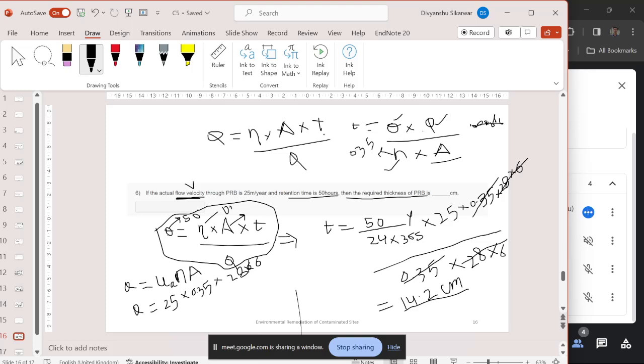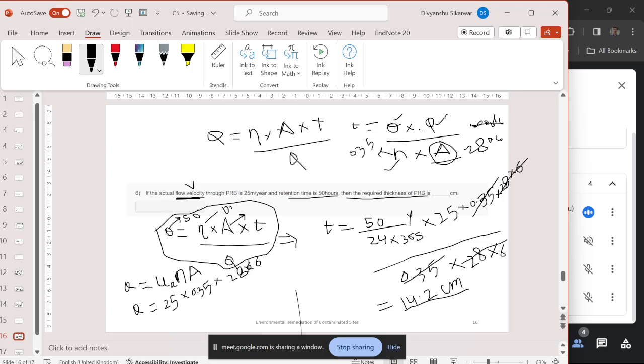If we calculate, the whole value we don't require; most of it will get cancelled out. First we need to calculate the cross-section area, which will be 28 into 6. Velocity we know, and we need to calculate the discharge.